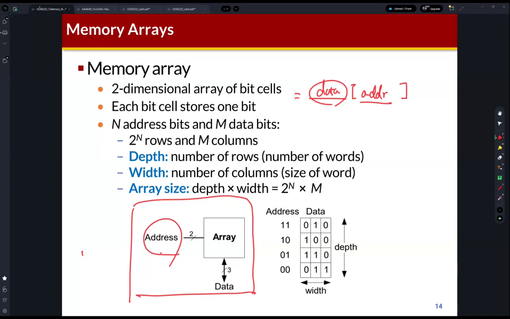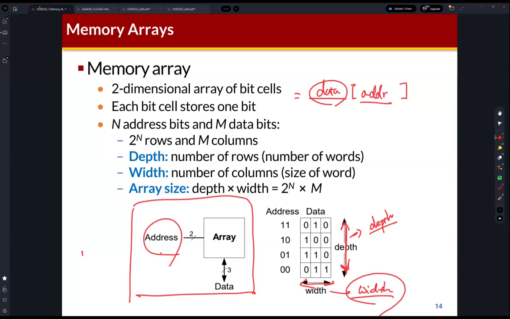We can define the number of elements as the depth, and the number of bits per element as the width. What is the size of this memory?